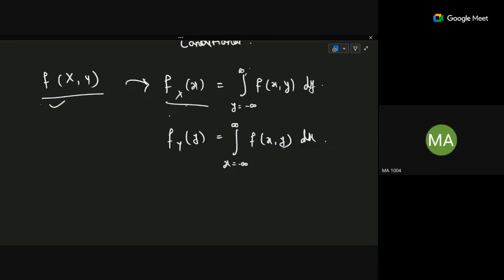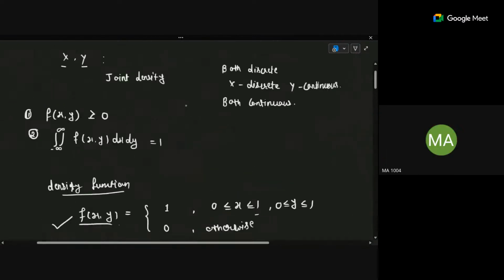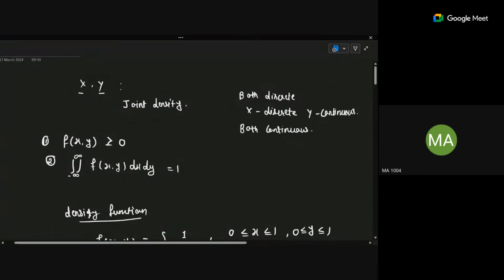Ma'am, I have a doubt. It is also in the week 5 content, then marginal density. Then I became confused in between which formula I can use. So have you joined this class from the beginning itself, or in the middle? Initially I told you, whenever there is a joint density concept, we look at the random variables, how they are: one discrete and one continuous, or both continuous.